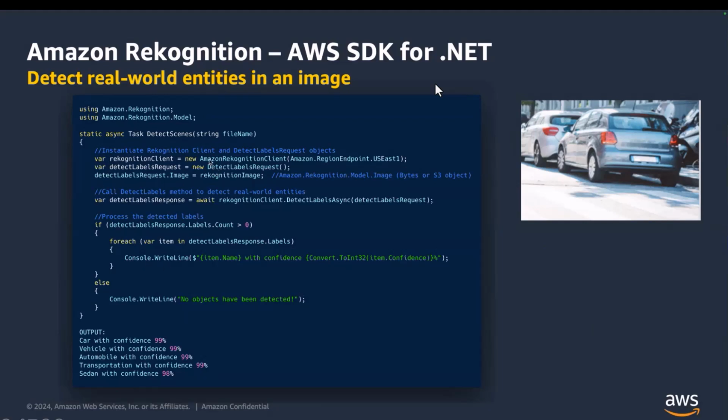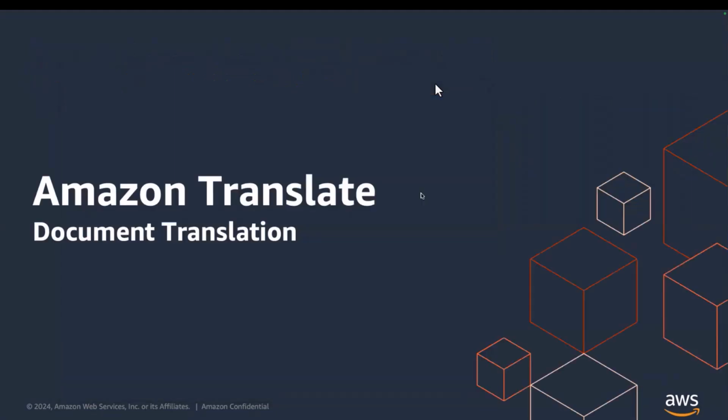You create a client, Amazon Rekognition client, and then you invoke the method that you want to invoke, usually with an async moniker to it. So in this case, await rekognitionClient.DetectLabelsAsync, passing in your request, and then you get your response. And it's very well documented. But in my opinion, more importantly, it is very predictable and standard.